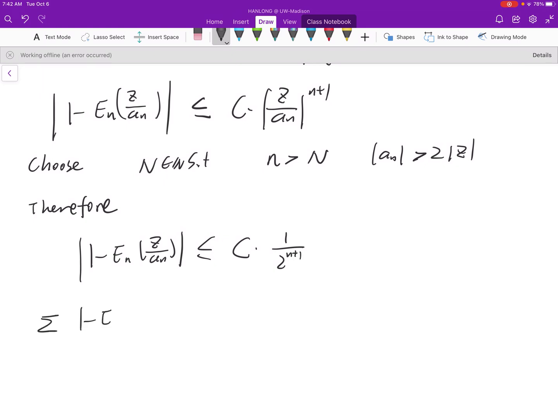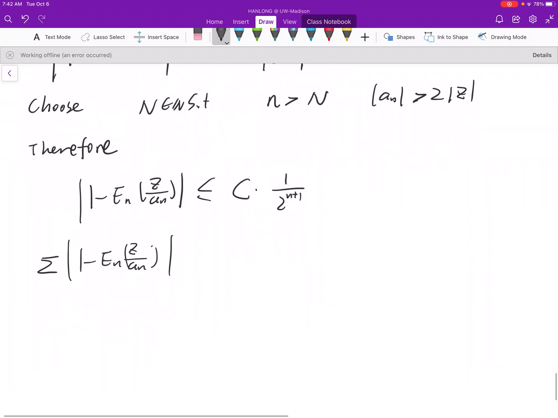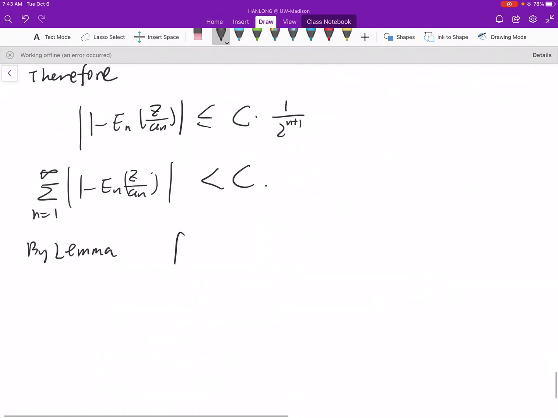As a conclusion, we show that the summation of this is bounded, and by the lemma, we know the product f(z) is convergent, so this is a well defined holomorphic function, and you can easily check it satisfies all the properties.